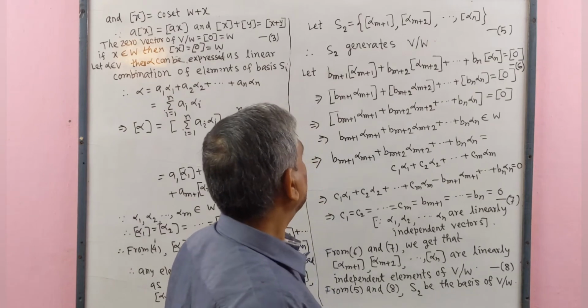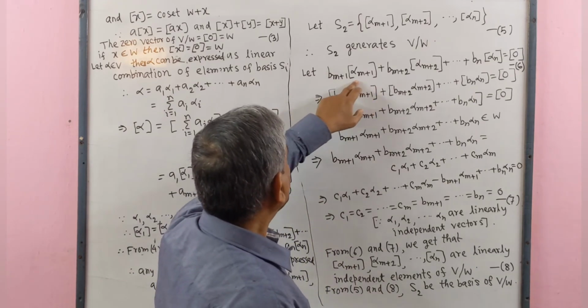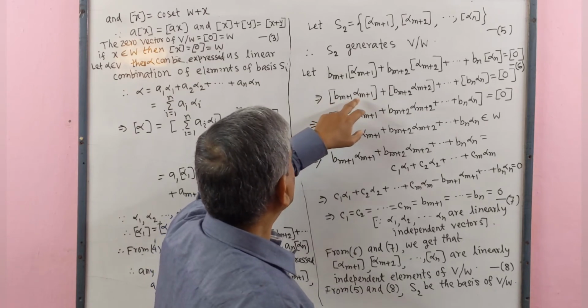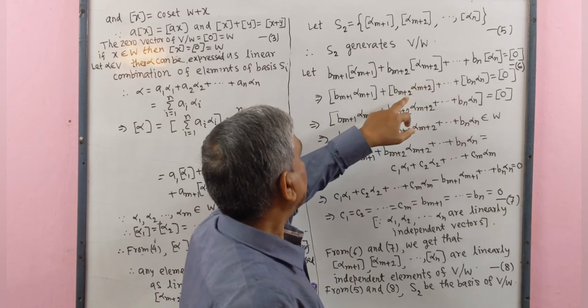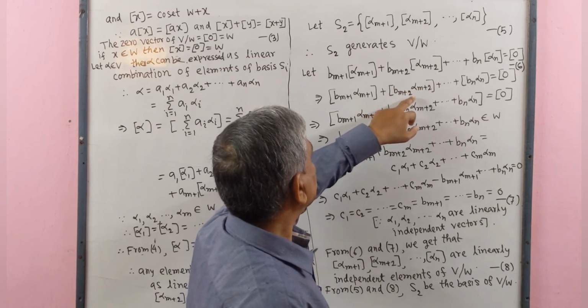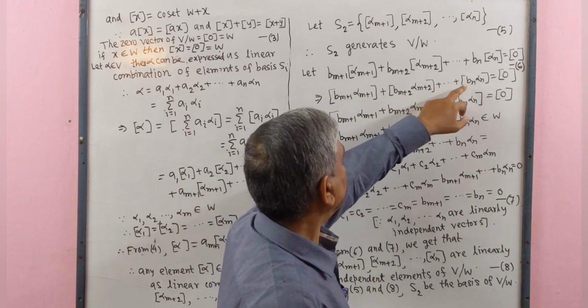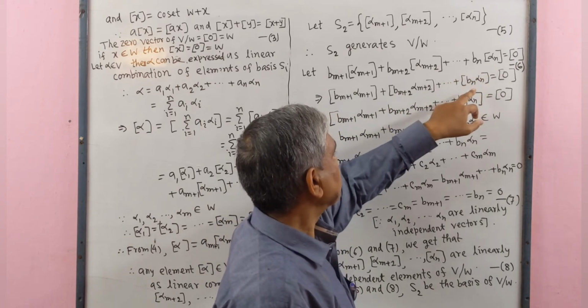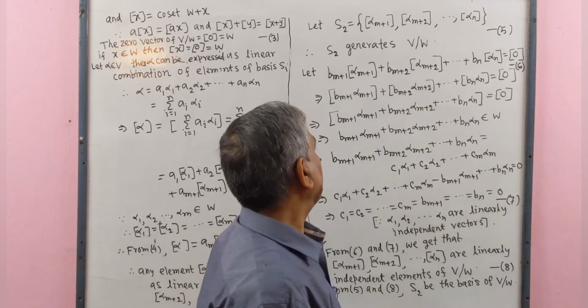This is number 6. This means class b m plus 1 alpha m plus 1, this means class b m plus 2 alpha m plus 2 plus dot dot dot, this means class bn alpha n equal to 0 class.